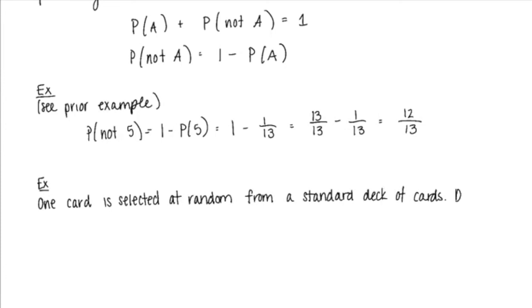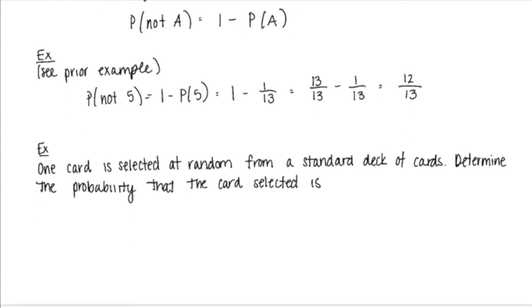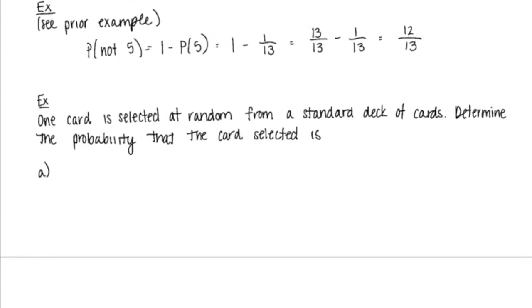We want to determine the probability that the card selected is, first, the 5 of diamonds. This is very specific because there is one card that is the 5 of diamonds. So only one card is the 5 of diamonds.